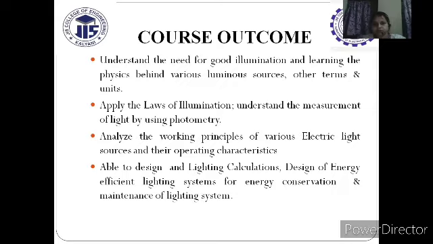So this course also has some outcomes: understand the need for good illumination and learn the physics behind various luminous sources and other terms and units, apply the laws of illumination, understand the measurement of light using photometry, analyze the working principle of various electric light sources and their operating characteristics, and the student will be able to design the lighting calculations, design energy efficient lighting systems for energy conservation, and maintain lighting systems.